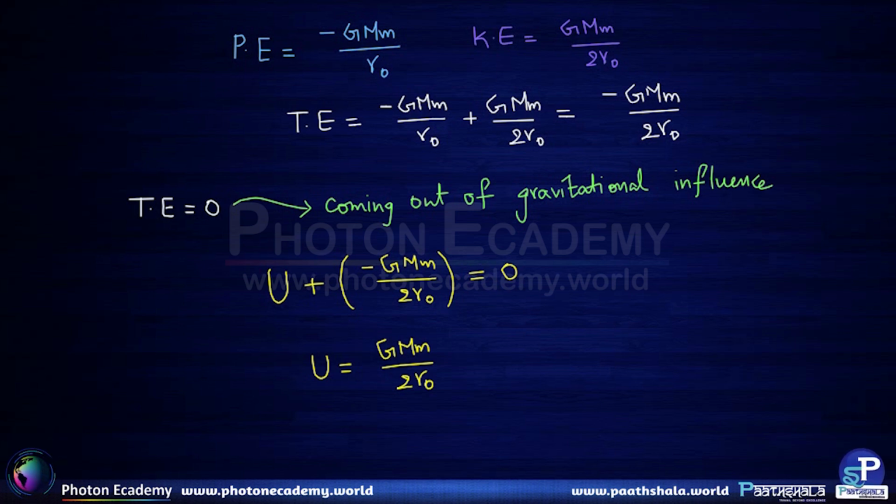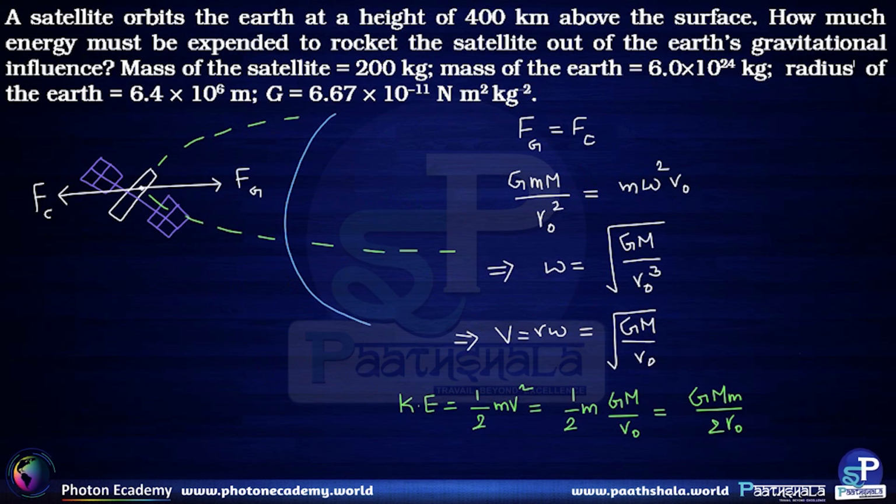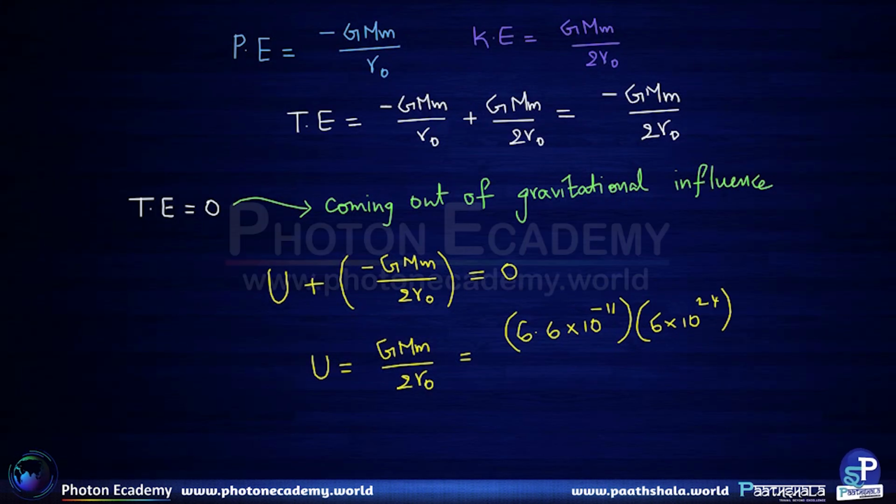If we substitute the values, we get 6.6 × 10^−11 into the mass of the Earth, which is given to be 6 × 10^24, into the mass of the satellite, which is given to be 200 kgs, divided by 2 times R0. R0 is the radius of the orbit.